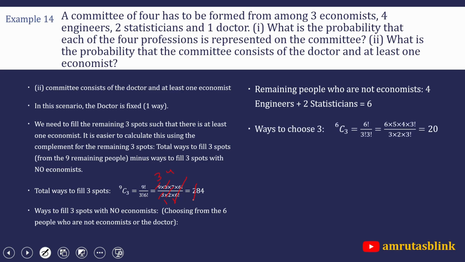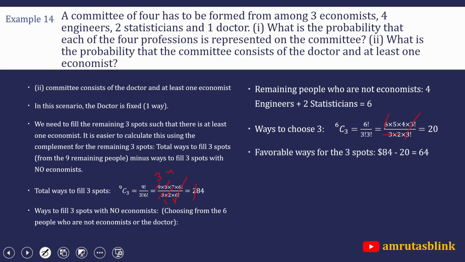So the ways to choose these 3 people where no economist is involved is equal to 6C3, that is 6 factorial upon 3 factorial into 3 factorial. So 6 into 5 into 4 into 3 factorial upon 3 into 2 into 3 factorial. This 3 factorial will get cancelled, this 6 and this 6 will get cancelled. So we just have the number of ways as 20.